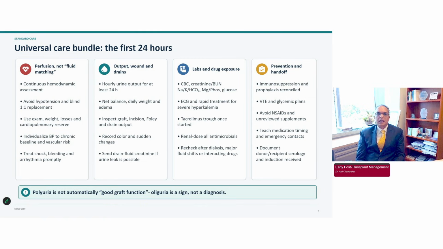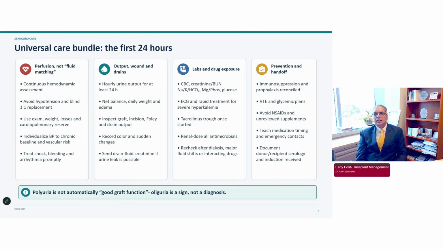And then lab and drug exposures, other than creatinine and CBC and chemistries, we have to also think about hyperkalemia as a potential cause of arrhythmias or cardiac events. And again, that needs to be monitored very carefully. Antimicrobials need to be dosed for renal function, particularly with delayed graft function that's going on.